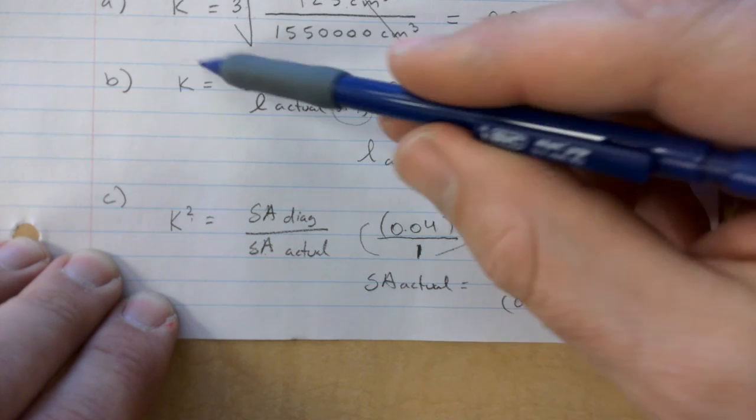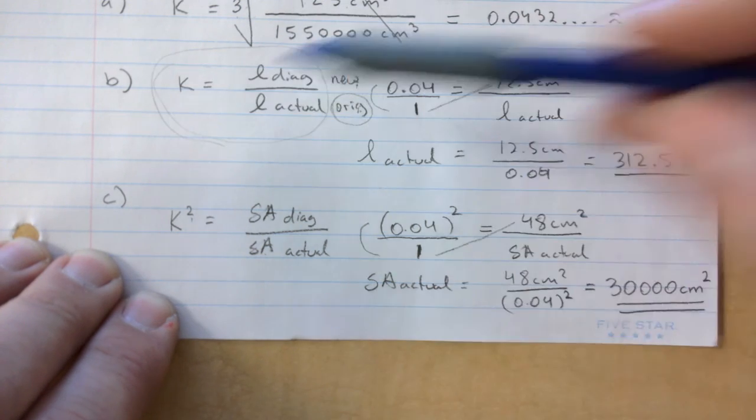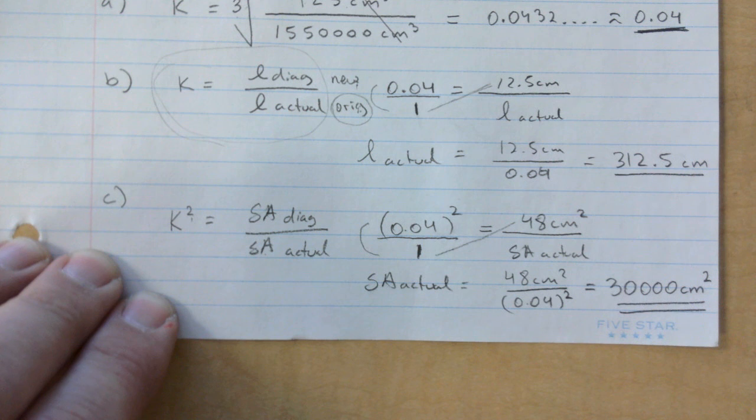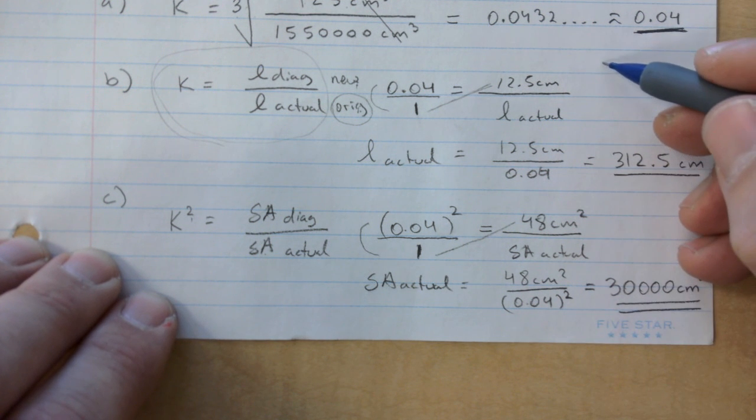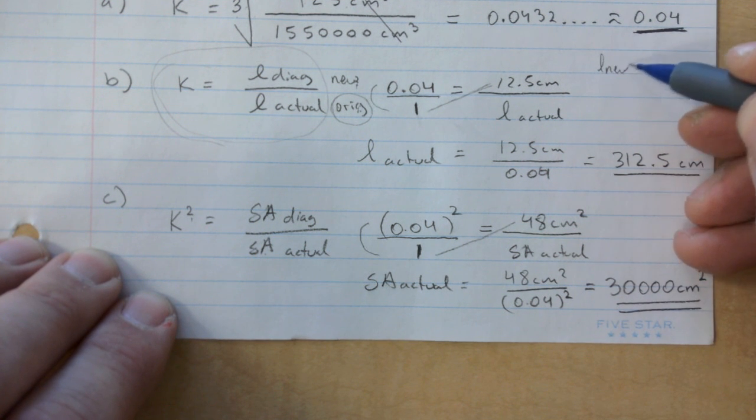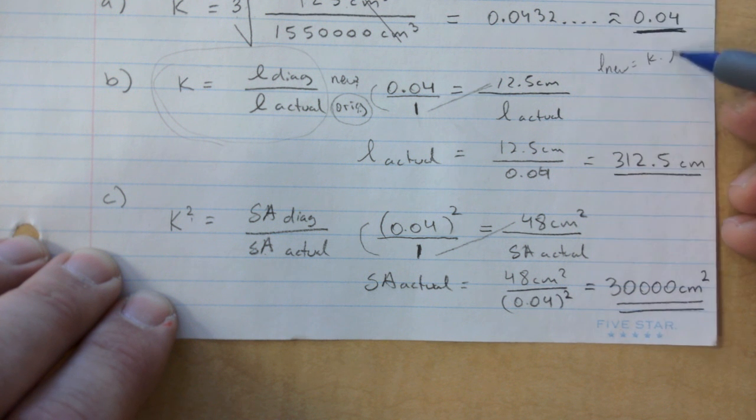So if you're not sure, just set it up like this and do this, then you're always going to get it right. Then you don't have to worry about, do I multiply, do I divide, as long as you're consistent. Good question. That is a very common mistake. And sometimes I don't give the shortcut for that reason. Like this is the shortcut: the length of new is k times length of original.